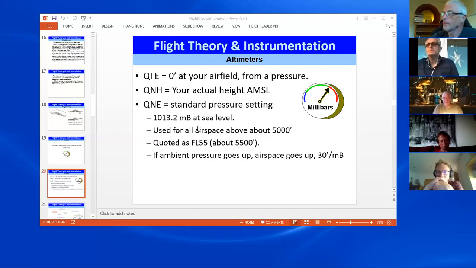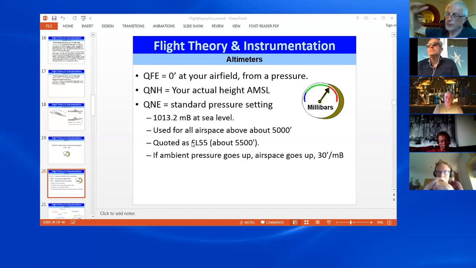It could be quite a bit of variance. If you've got 30 feet per millibar, and the air pressure was actually 1,000 millibars, not unreal, that's 13 times 30, so there'll be a 400-foot difference between what you think they're at and what they think they're at.